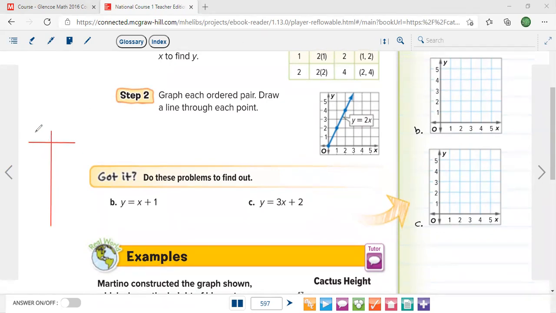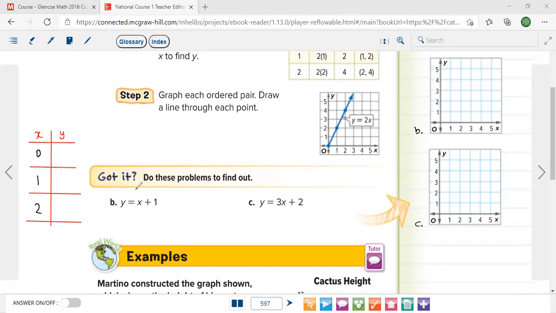So here is the value of the x, and here is the value of the y. No numbers are mentioned, so it's better to take 0, 1, 2. So here I will write the 0, here the 1, and here the 2.